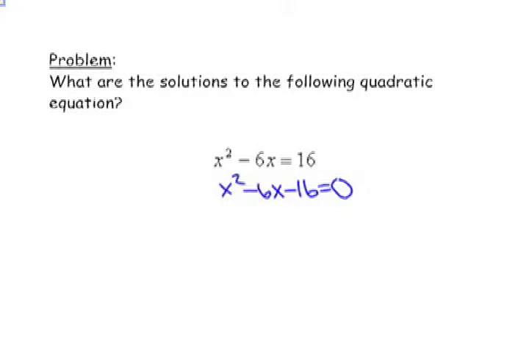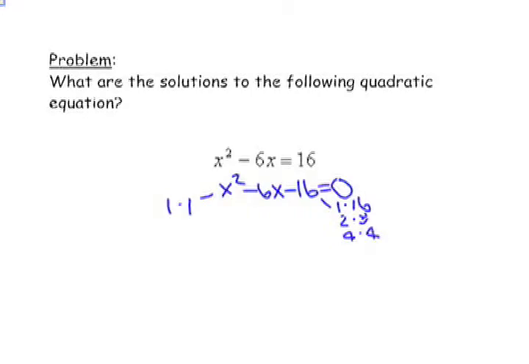What I do is think of the factors of 1, which are just 1 and 1, and then the factors of 16, which can be 1 and 16, 2 and 8, or 4 and 4.